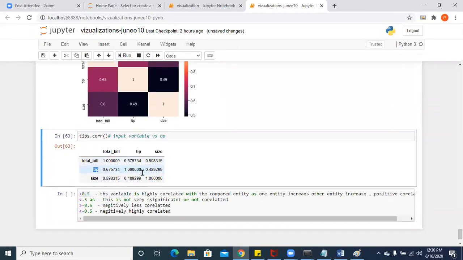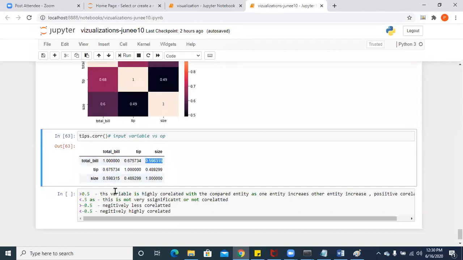Tip and size are not very highly correlated. So total bill is having more dependency on size.